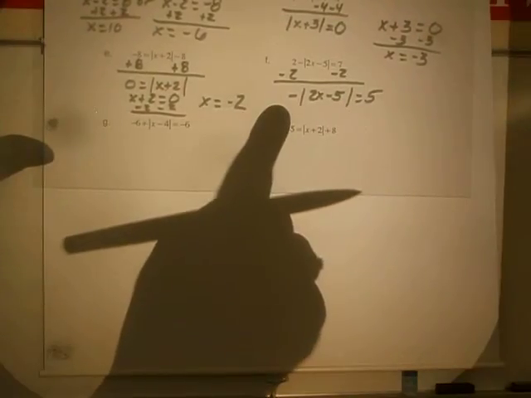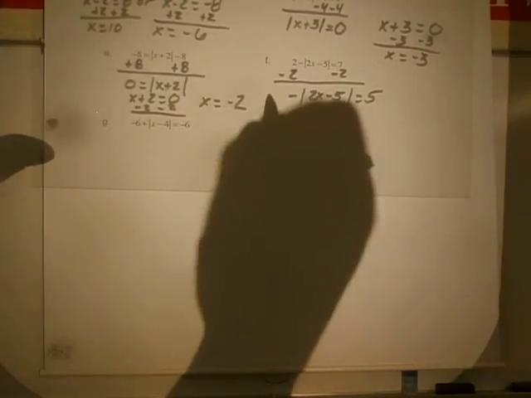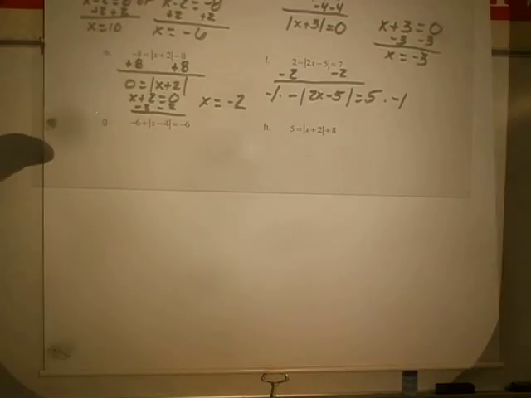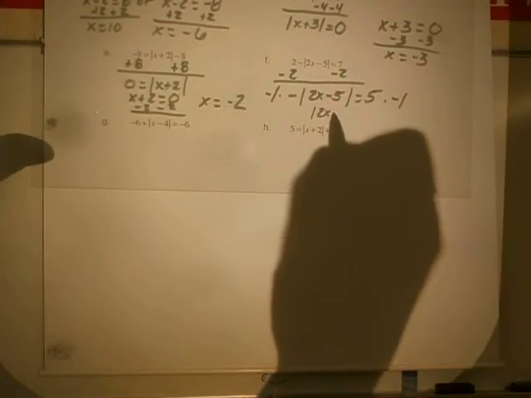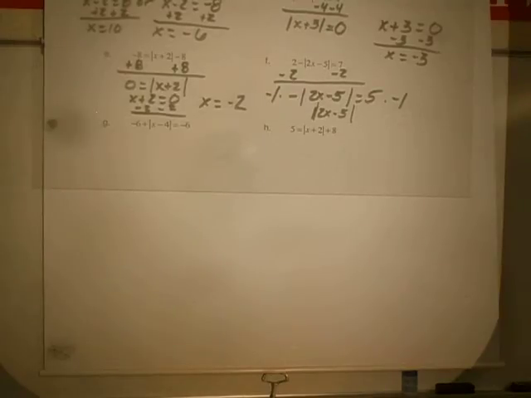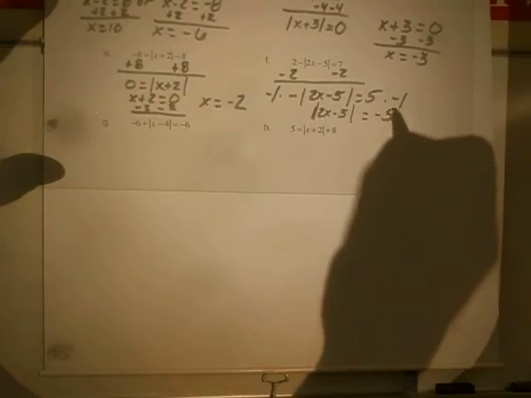I want to get rid of this negative, or opposite, right here. To do that, I'm going to multiply both sides by negative 1. When we do that, we have 2x minus 5 inside the absolute value, and that's going to equal negative 5.